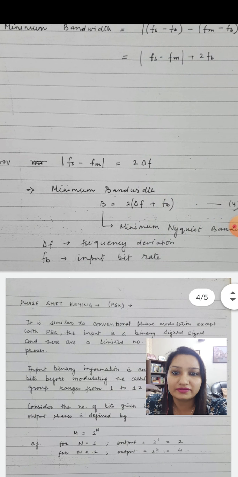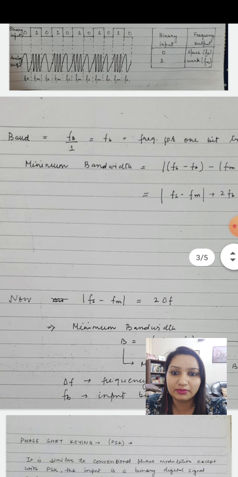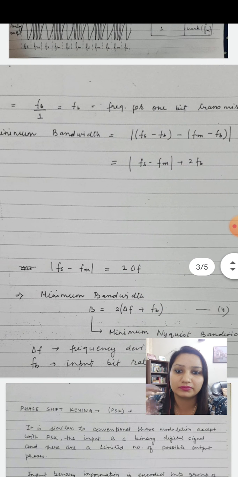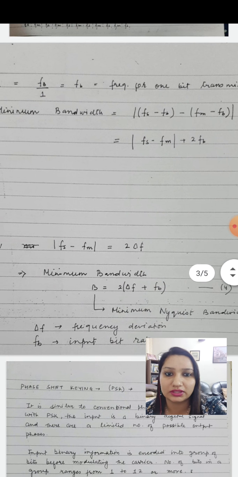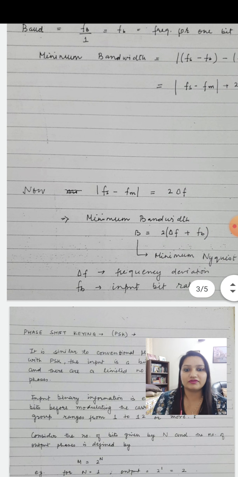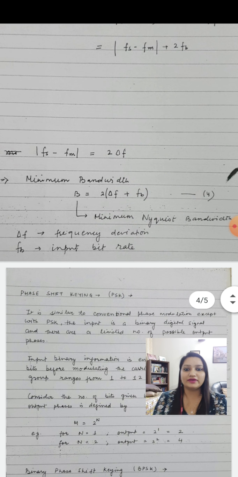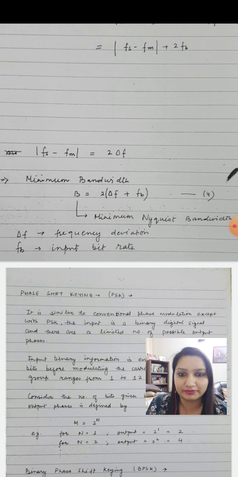I think you are able to see it in the notes clearly. After that, mod of Fs minus Fm is twice delta F, so the minimum bandwidth will become twice delta F plus Fb. This gives equation number 4, which is also the minimum Nyquist bandwidth, where delta F is your frequency deviation and Fb is the input bit rate.